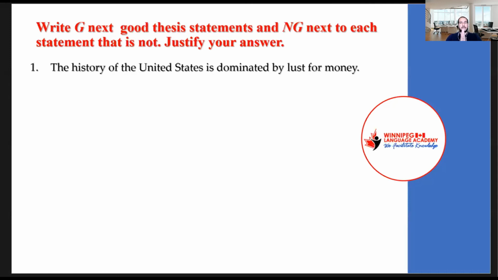Perfect. So let me explain the difference in opinion here. Amani thinks that this can be an argumentative statement. So people would say, no, this is not right. But now you, as a writer, would be giving evidence, some examples of what happened in the history of the United States to prove that it was dominated by money, right? At the same time, Taghreed's opinion is correct, because she was looking at a description of what happened in the history of the United States.